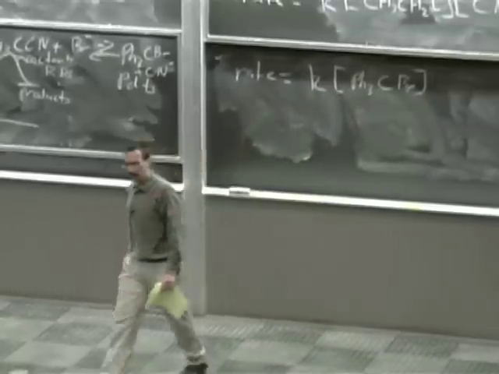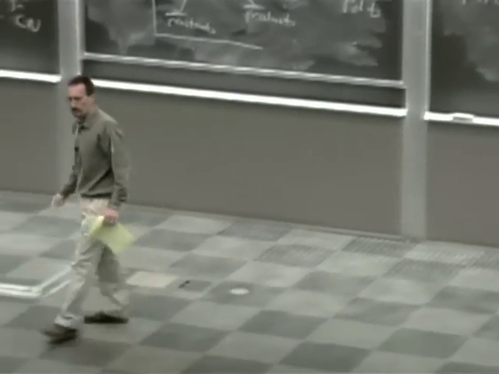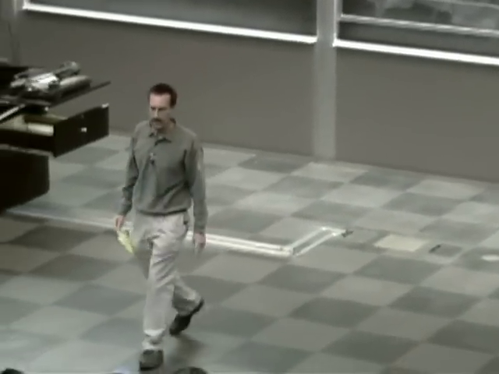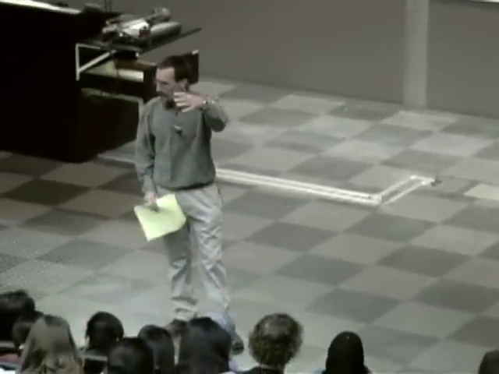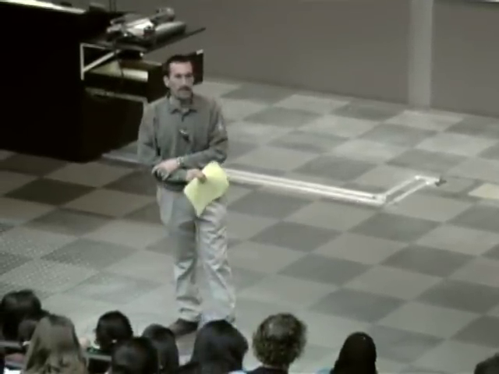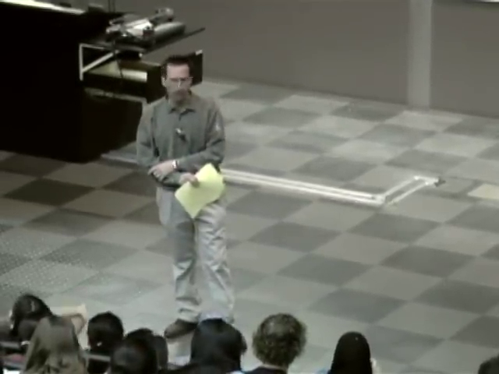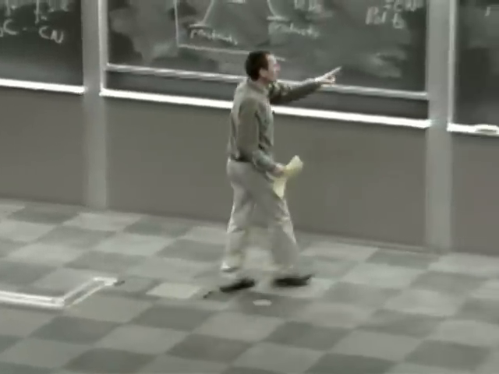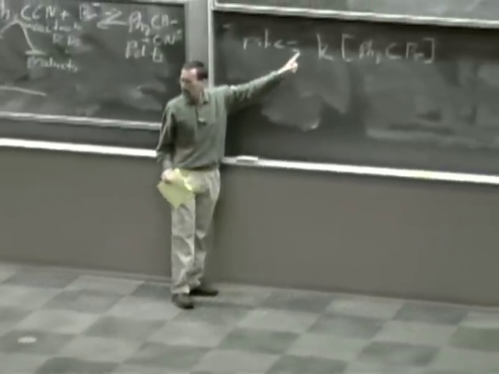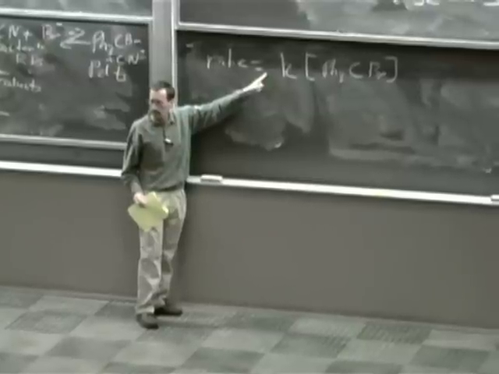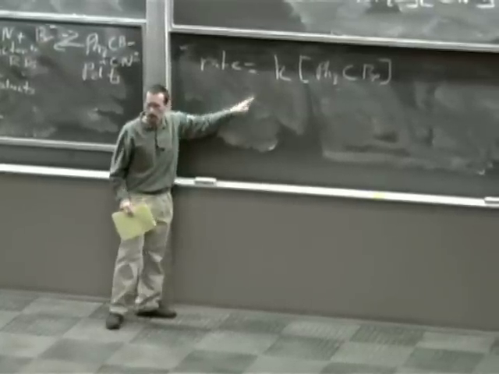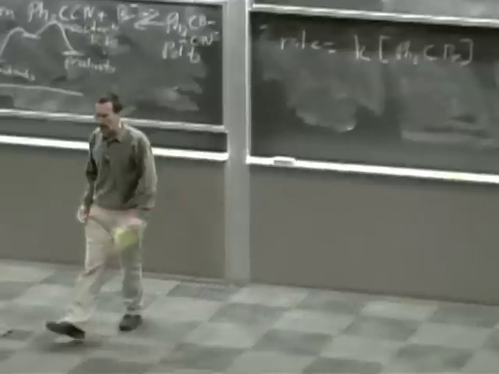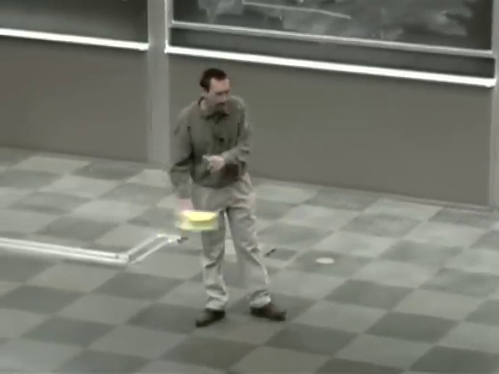Cyanide isn't involved in the rate determining step in the reaction of bromotriphenylmethane with cyanide. The rate determining step is the ionization to the triphenylmethyl carbocation. What does that mean? In this case, you double the concentration of bromotriphenylmethane, you double the rate. But what happens when you double the concentration of cyanide? Nothing.